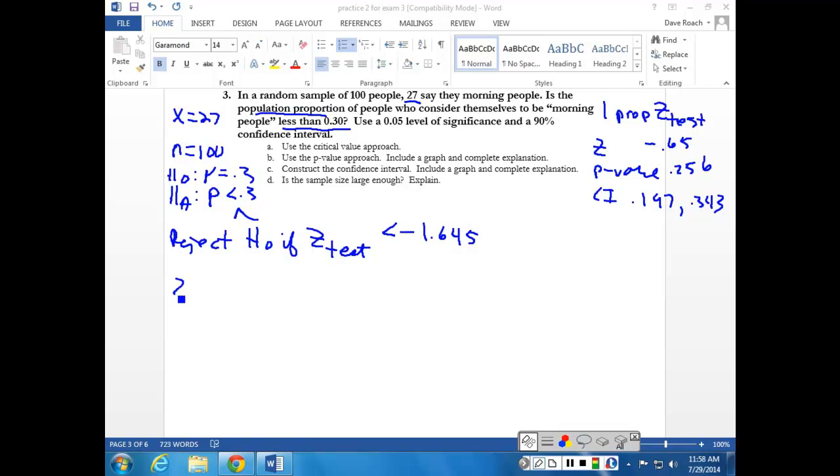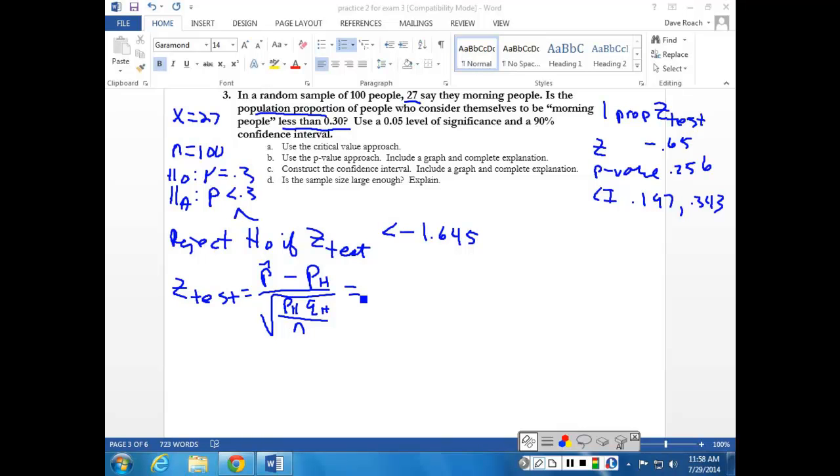And the z-test will equal the statistic p hat minus the hypothesized parameter, divided by the square root of the hypothesized proportion times 1 minus that, divided by n.